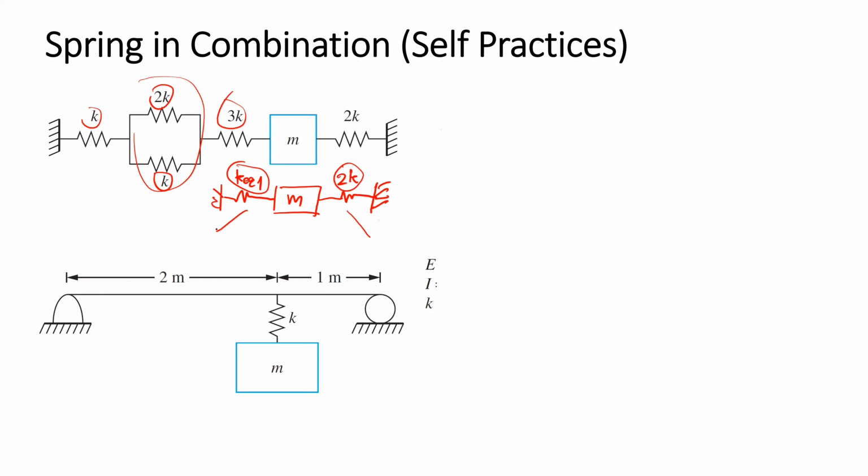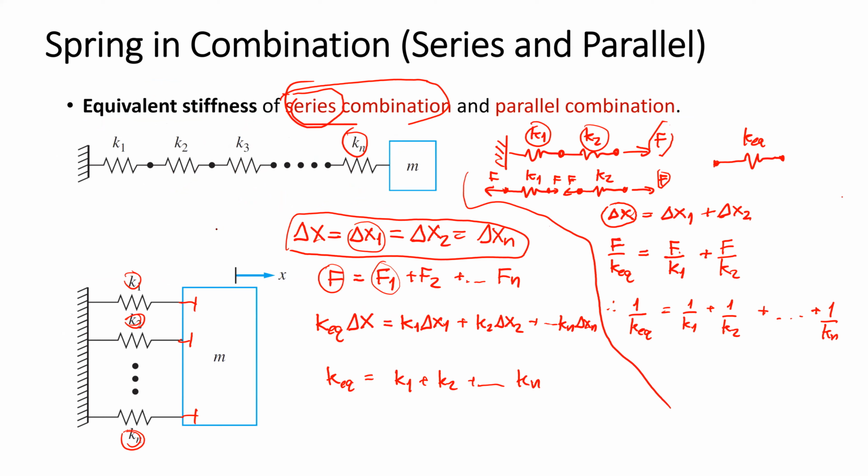Okay. Before that, we come back to here. If the spring is connected in series, the force will equal along the component in the series, and the total displacement will be the combination of the displacement of the springs in series.